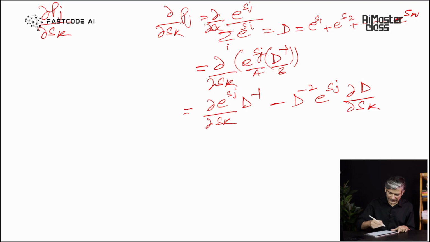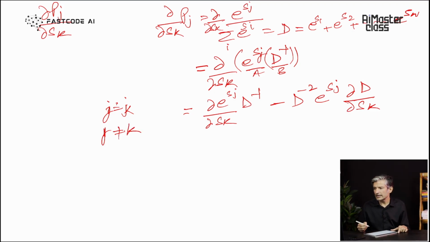But now let's break it up into two cases: when my j is equal to k, and when my j is not equal to k. Okay. So let's do when my j is equal to k. So when my j is equal to k, what happens?